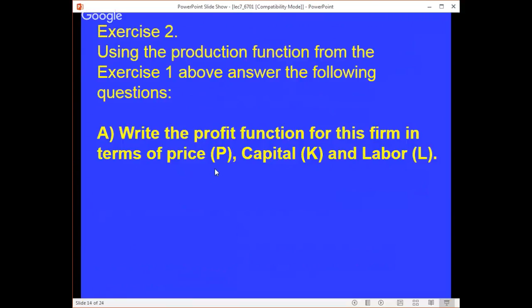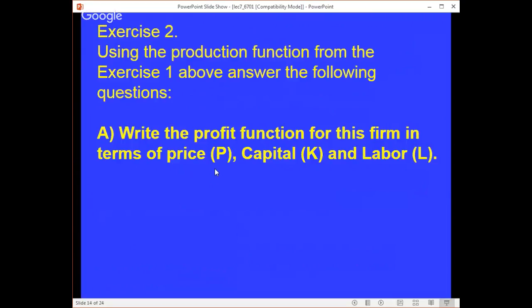So total revenue we know is P times Q. Total cost, in this case, is just cost, right? So I'm going to write P times Q minus VK minus WL.